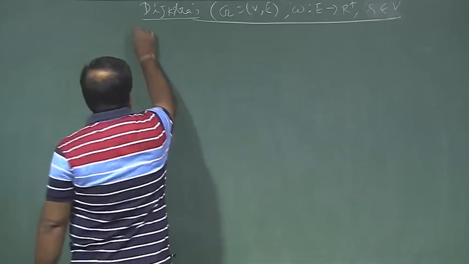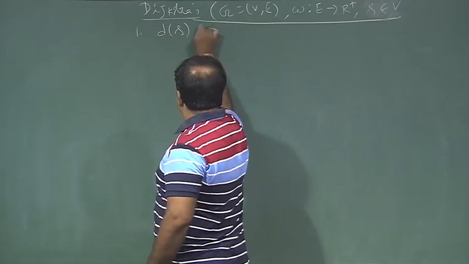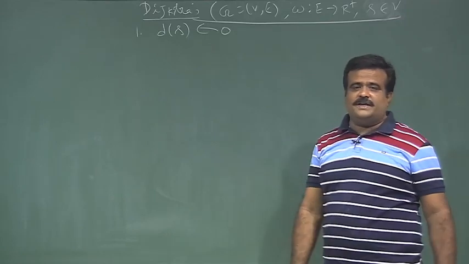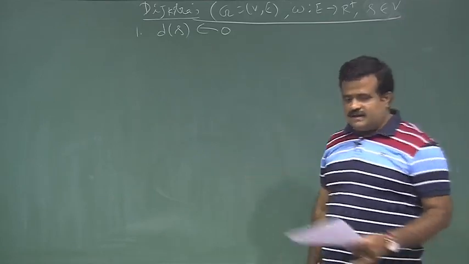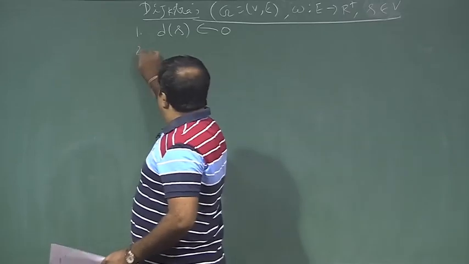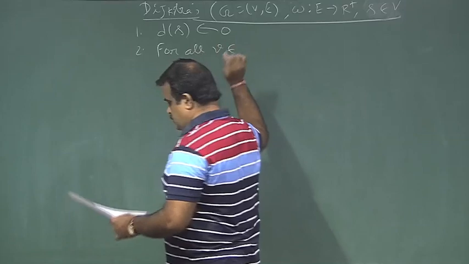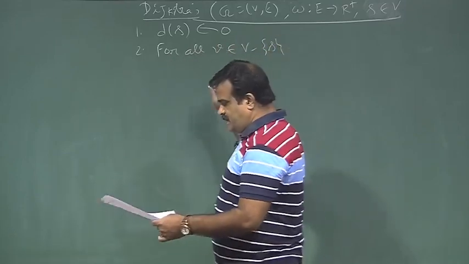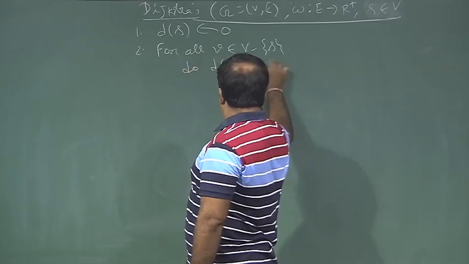Okay. So, we are defining d of S to be 0. This d is what we are maintaining as a distance estimate from S to any other vertex. Then for all other vertices V, this is the initialization phase, d of V equals infinity.